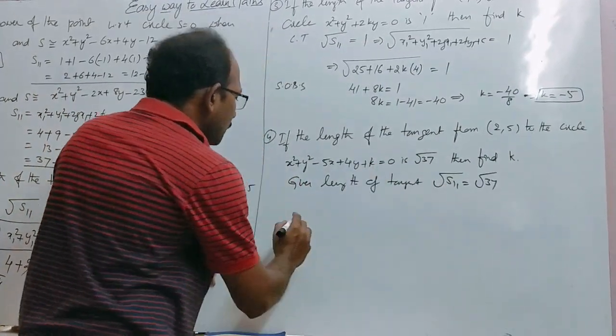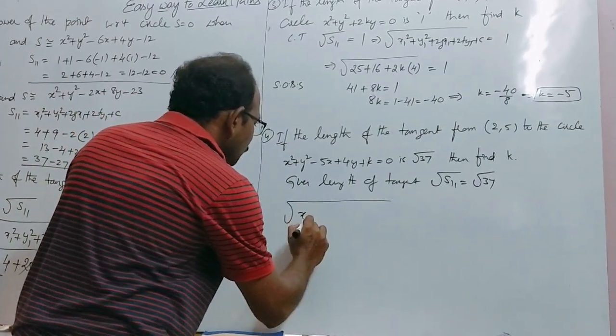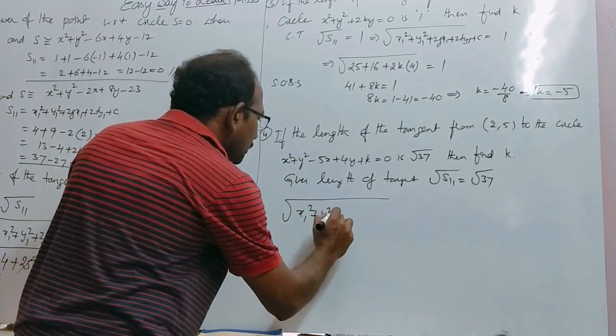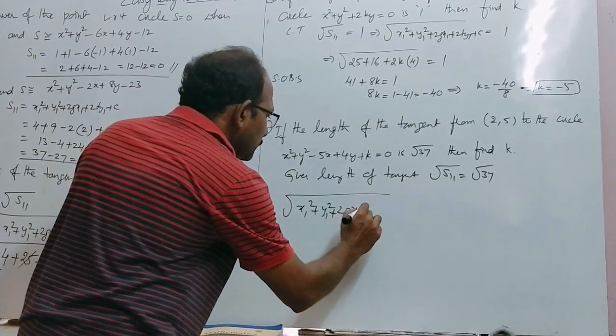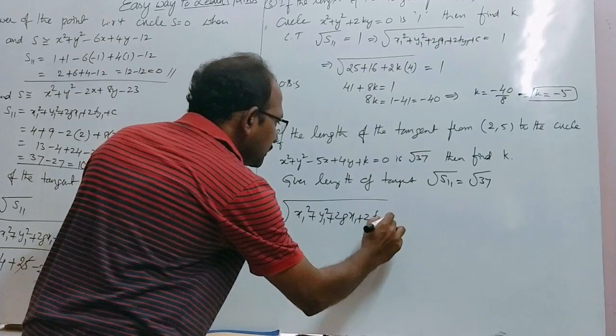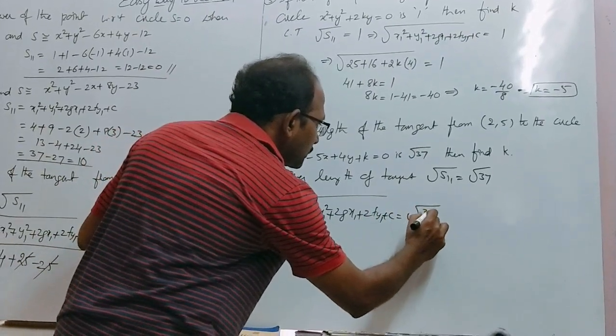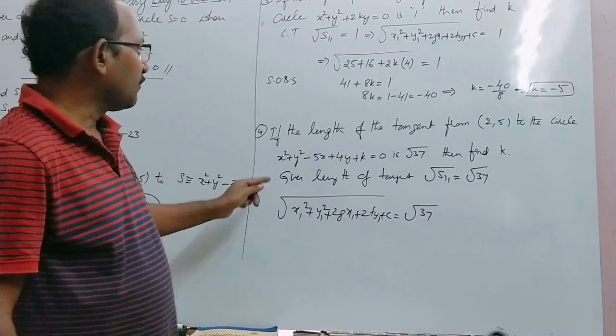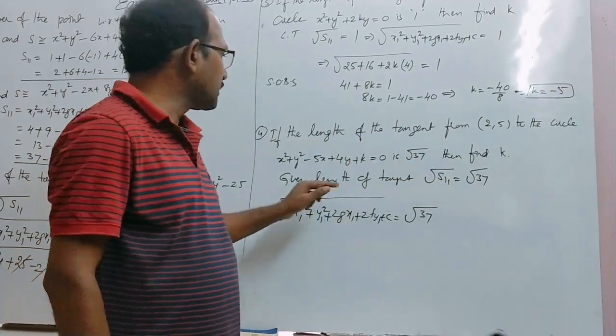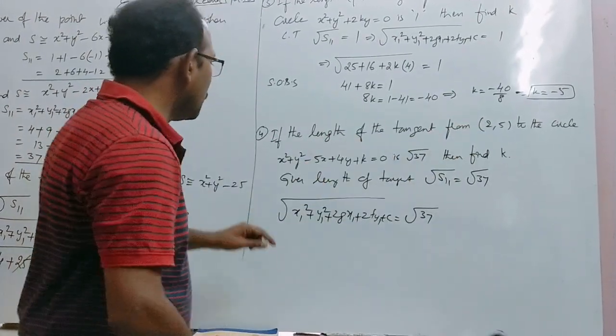Now let us substitute the value of s11. Again, root s11 means x1 square plus y1 square plus 2gx1 plus 2fy1 plus c is equal to root 37. That is, in place of x we have to substitute 2 and in place of y we have to substitute 5.